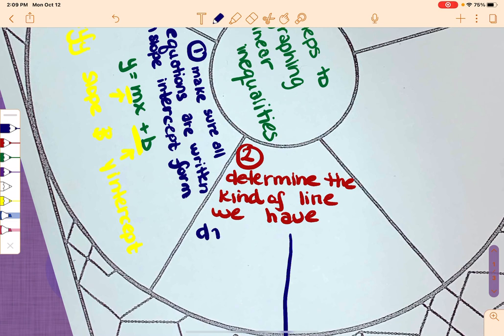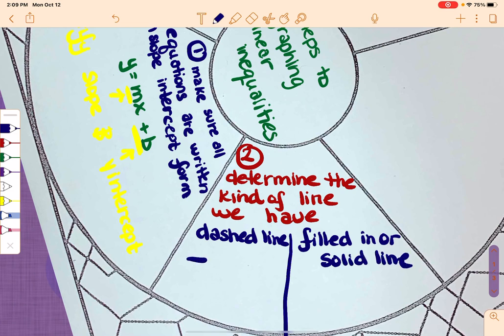We're going to see a possibility of having a dash line or having what we'd call a filled in or a solid line. Now dash looks exactly the way that you would think. Solid line looks like that.